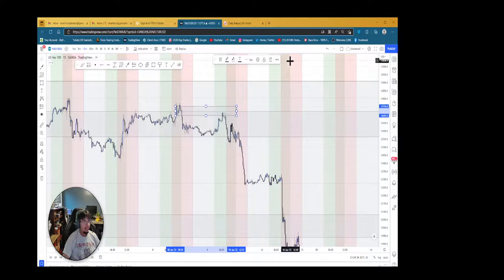And as price got into that area right here, it retraced, and I want to say it probably retraced to the 79%, guys. This is a premium zone right here. So as price was getting into here, and this is right at not even 930. 930 is like right here.